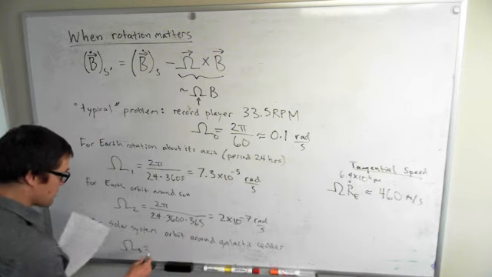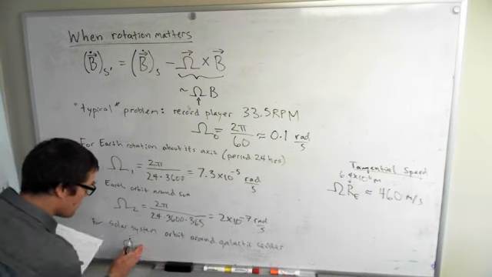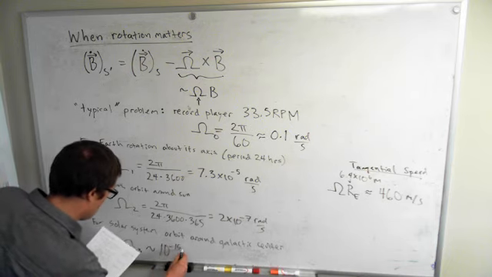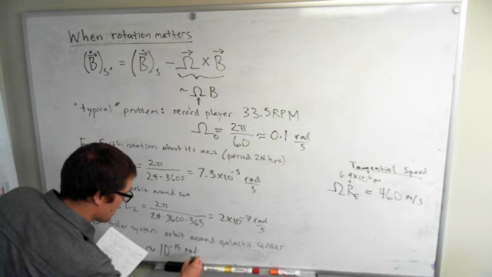So this case gives us something on the order of 10 to the minus 15 radians per second.